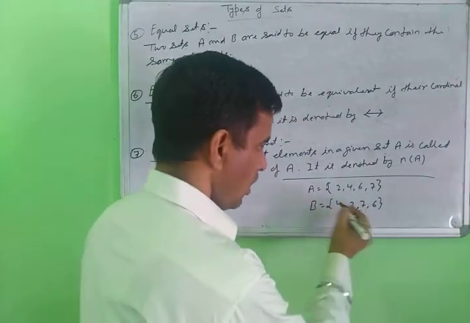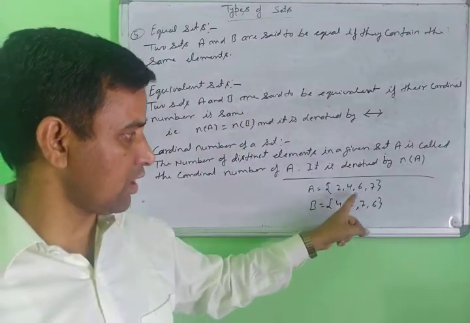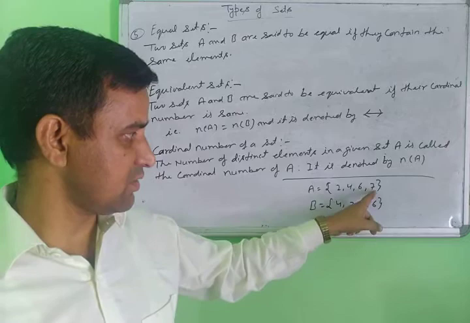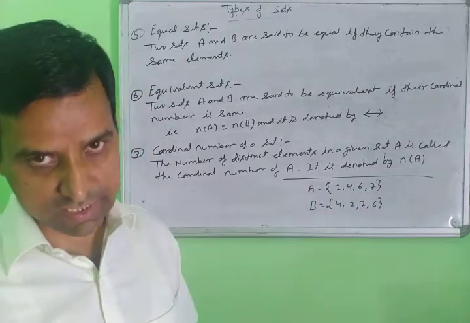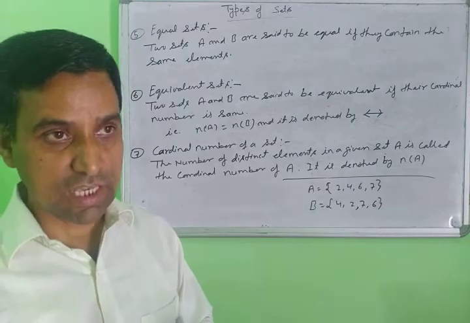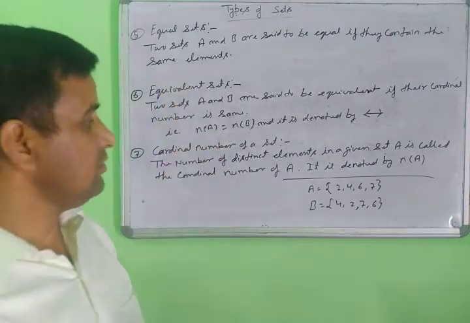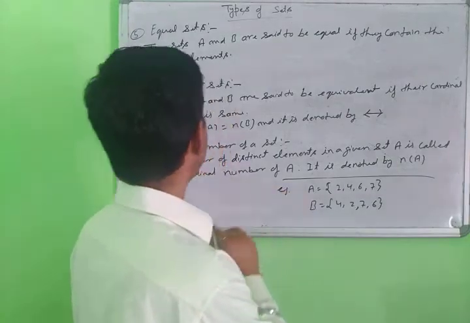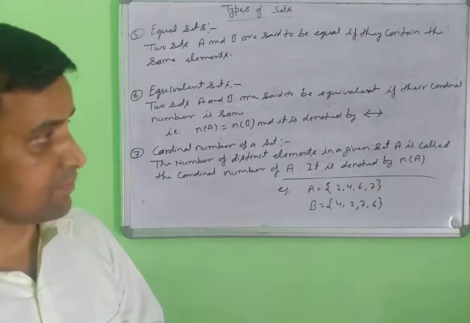Both sets have the same elements: 2 and 2, 4 and 4, 6 and 6, 7 and 7. So this type of set is called equal sets, those having the same elements. This is the example of equal sets.